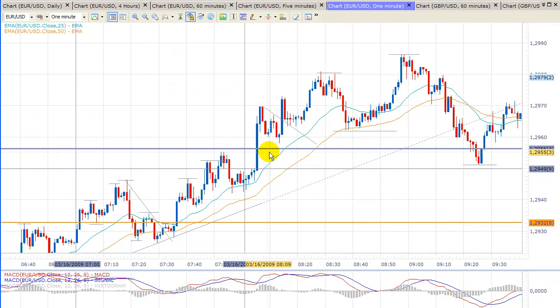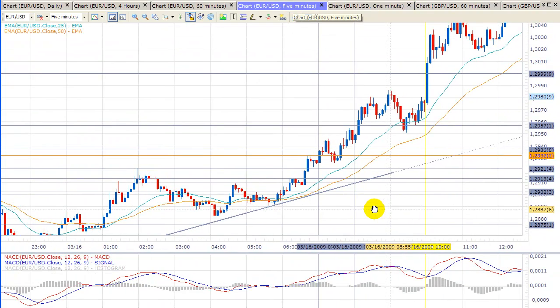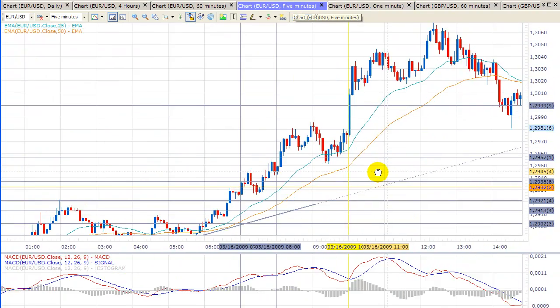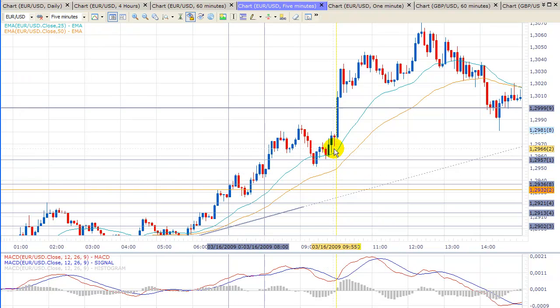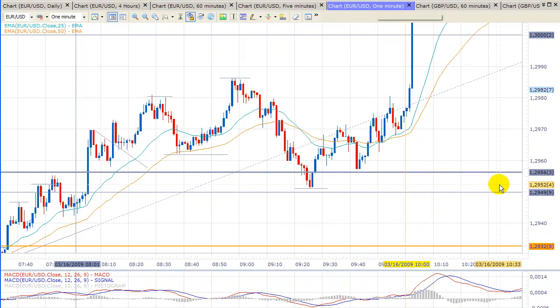The price kept making higher lows and higher highs, so it was a really good definition of a trend. We can zoom into the 5-minute charts and see that the price just kept going up and up, and this vertical yellow line is news time. It was CPI Eurozone news.